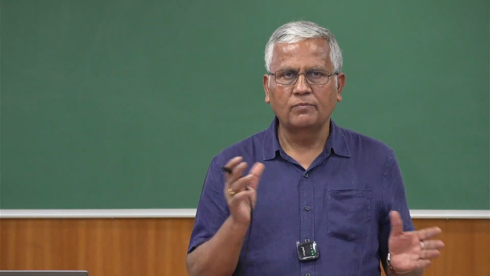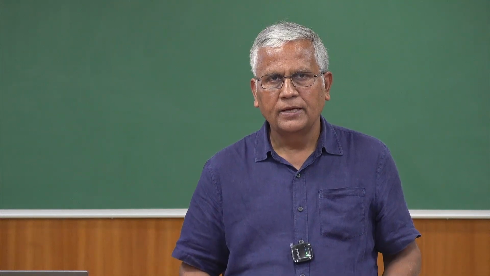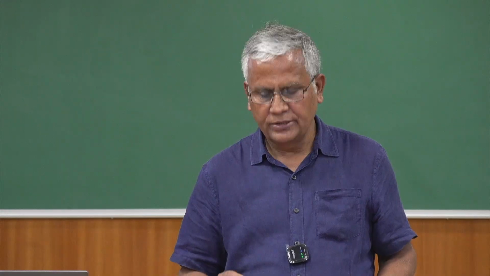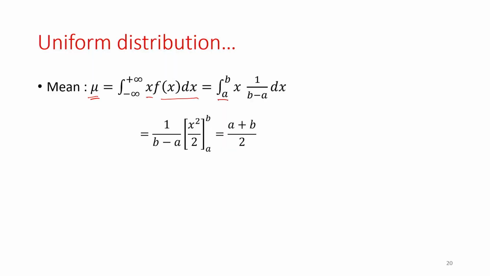Theoretically it can take values from minus infinity to plus infinity. In this case, the extremes are a and b. So you have to take this x f(x) dx and integrate between a and b. So it will be 1 upon b minus a times x dx, where 1 upon b minus a is basically the probability density function.